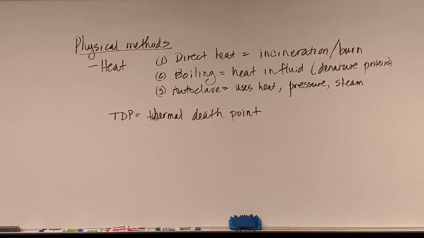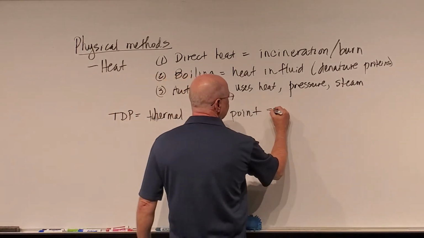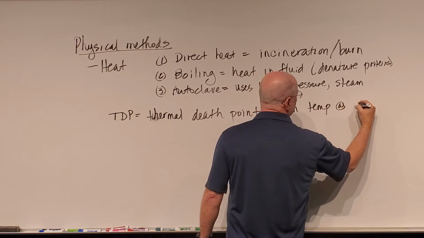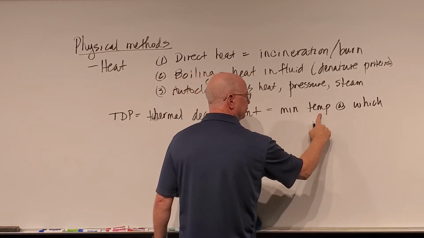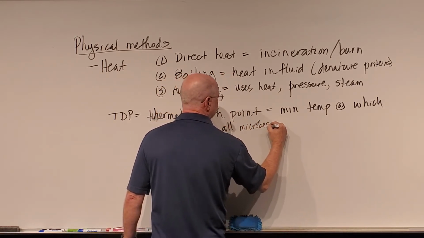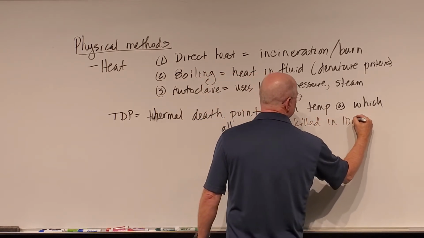When we talk about the thermal death point, one of the things that we're looking at is the lowest temperature at which all the microbes are killed over a period of time. It's usually about 10 minutes. So this is the minimal temperature at which all the microbes are killed in about 10 minutes.